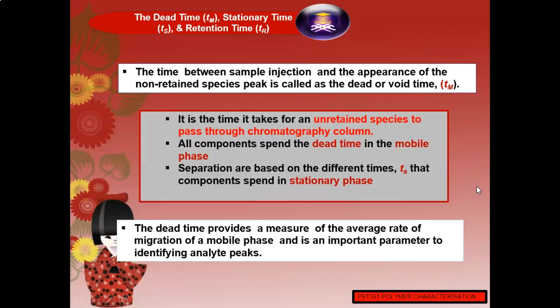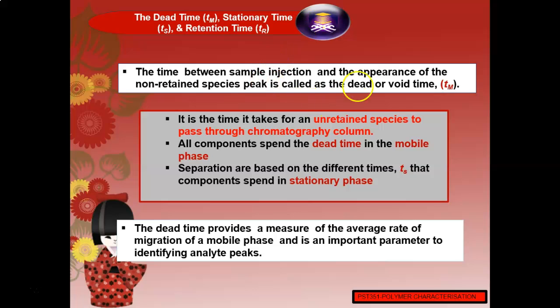We look at the terms for time, which are dead time, Tm, stationary time, Ts, and retention time, Tr. Okay, the time between the sample injection and the appearance of the non-retained species peak is called the dead time, also known as the void time.